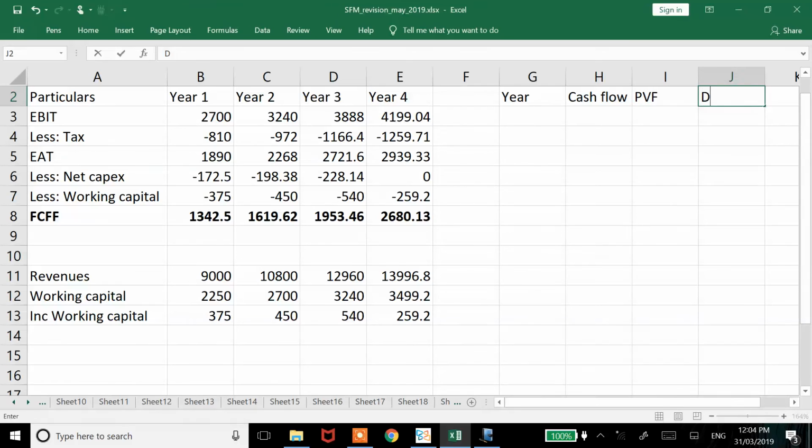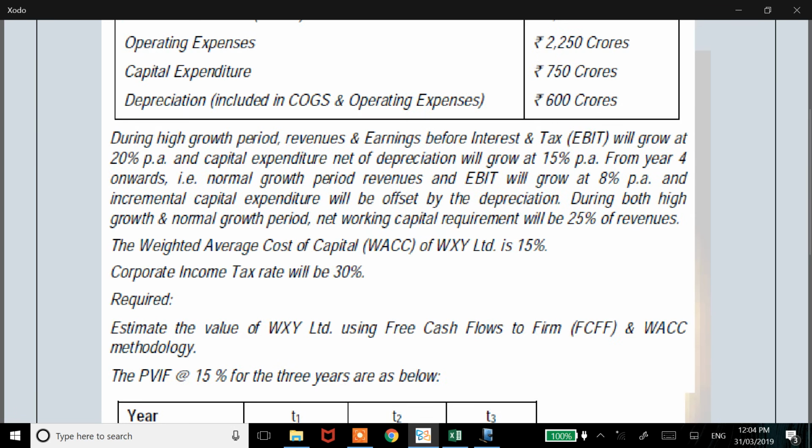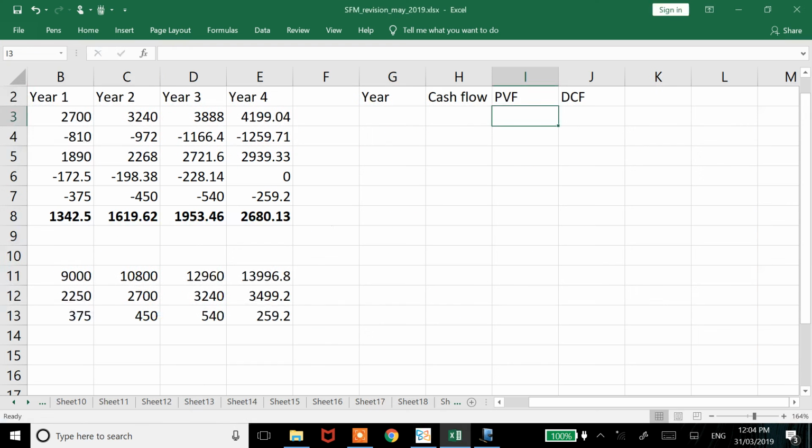Year, cash flow, PVF, DCF. The discount rate is 15%.